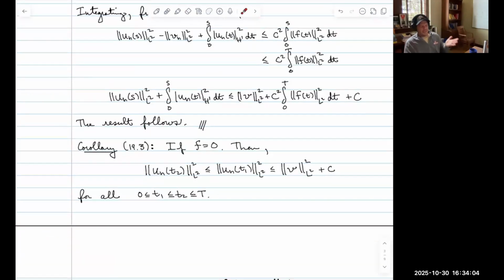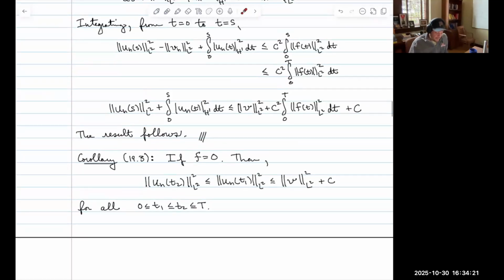All right, so that says what? That says that my semi-discrete approximation satisfies exactly the same stabilities as my original PDE problem, the original diffusion problem. That's quite nice. Now, I don't have to integrate from 0 to S. I could integrate instead from T1 to T2, as I explained down here.